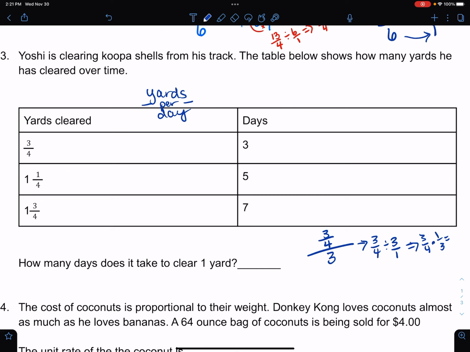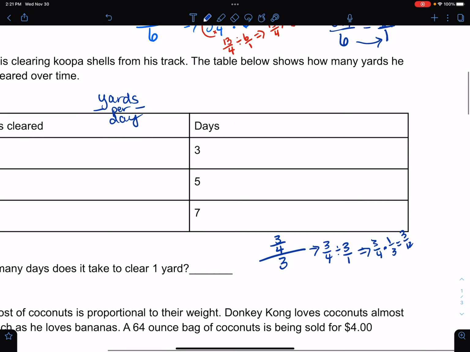Oh, okay. So, wait. 3 over 12. No. Maybe. 3 over 12 will then reduce, because 3 divided by 3 and 12 divided by 3 is 1/4. Well, that'll make sense.